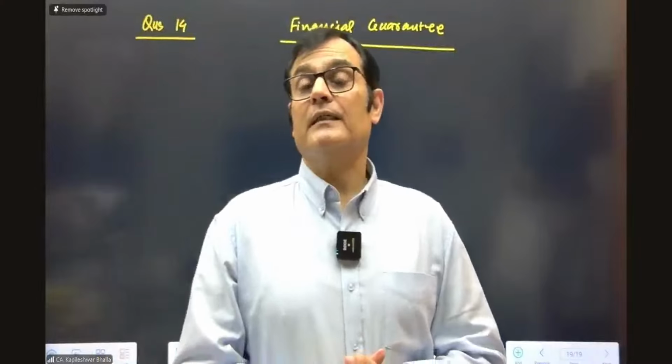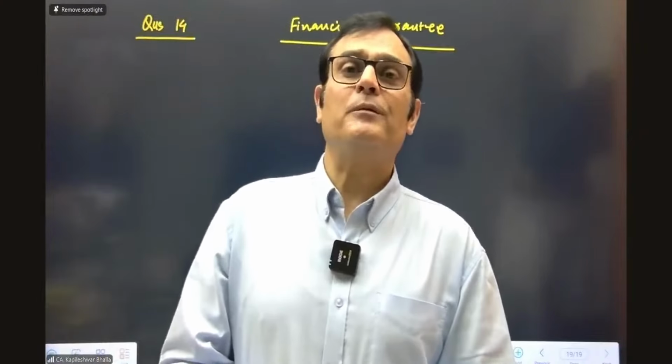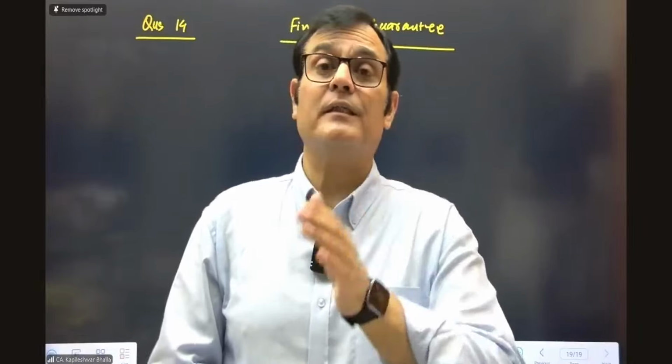The bank gave a loan to the subsidiary at the rate of 8%. Had there been no guarantee, they would have given interest at the rate of 11%. So you can say that there is a 3% differential in the interest rate. So we can say the advantage which the parent company is giving to the subsidiary company is the reduction of the 3% interest on the loan. Because without the guarantee, it would have been 11, and with the guarantee, it is 8.